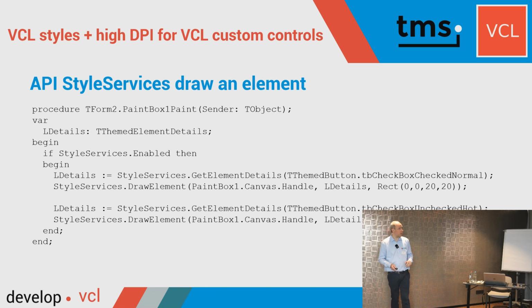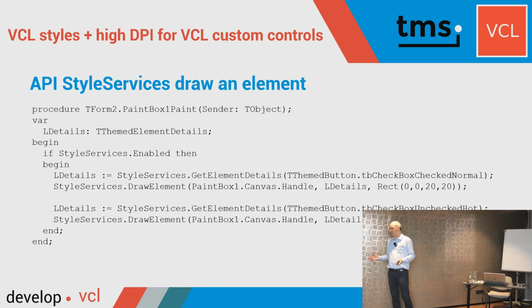I can also ask it for the tgCellFixed, for example, for a fixed cell in a grid. And so here is some piece of code that, first of all, asks from the API the details how to draw a specific part of a control, and then actually performs the drawing through the style services interface, the DrawElement method that draws on a canvas, and it draws with the details parameter in a certain rectangle.